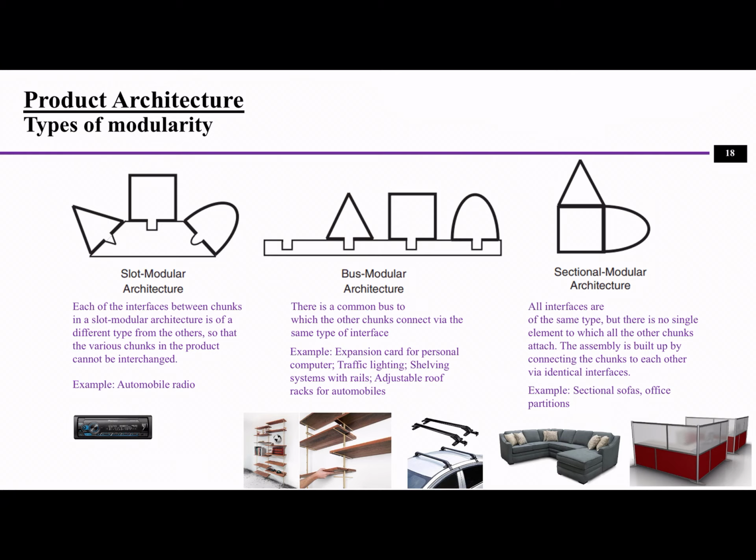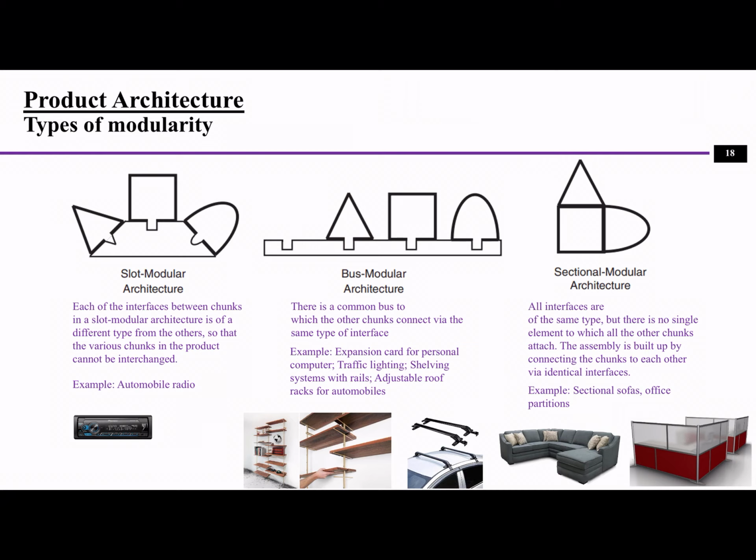Well, there are different types of modularity. One is a slot modular architecture. In a slot modular architecture, each of the interfaces between chunks is of a different type from the others, so that various chunks in the product cannot be interchanged. An example would be the automobile radio, right?